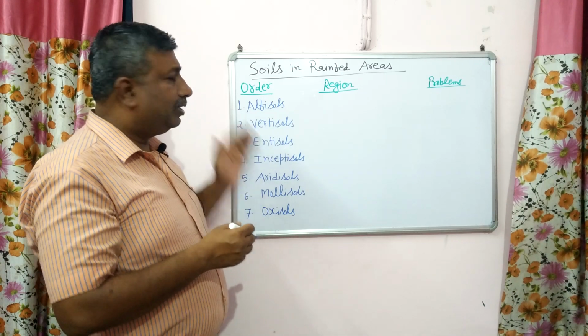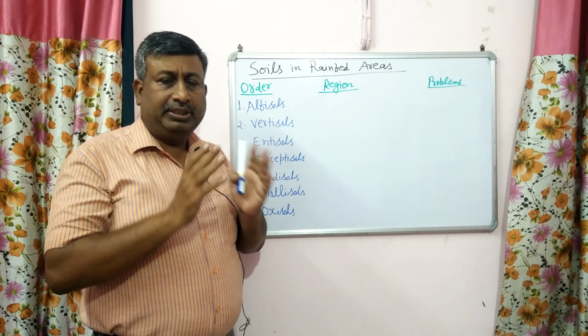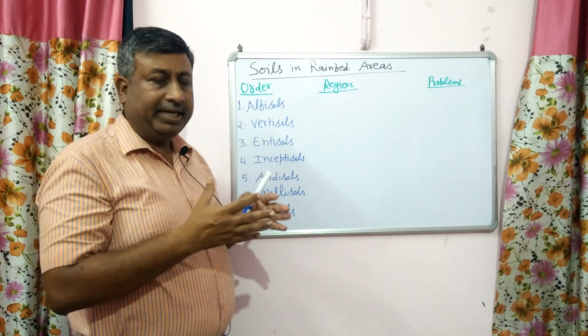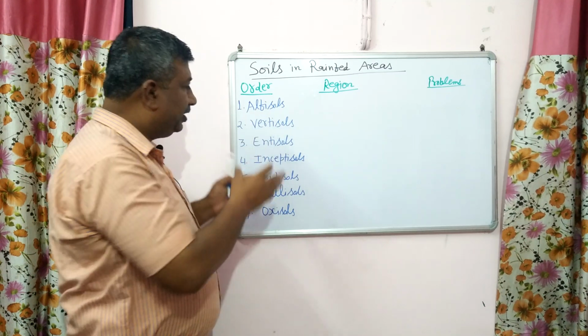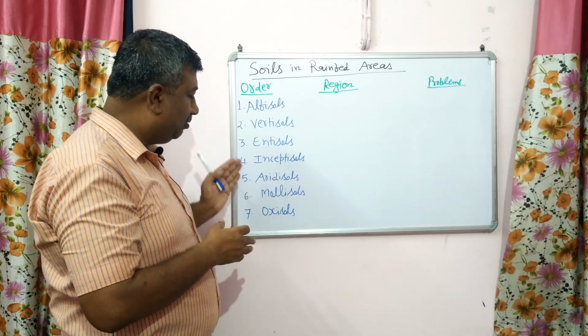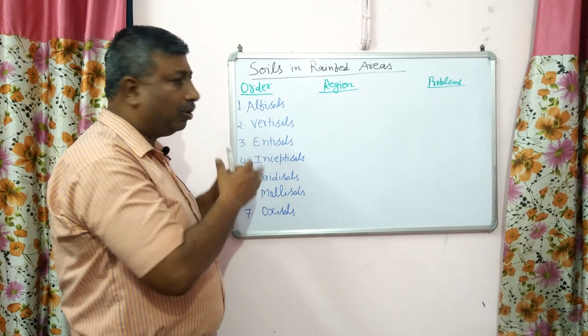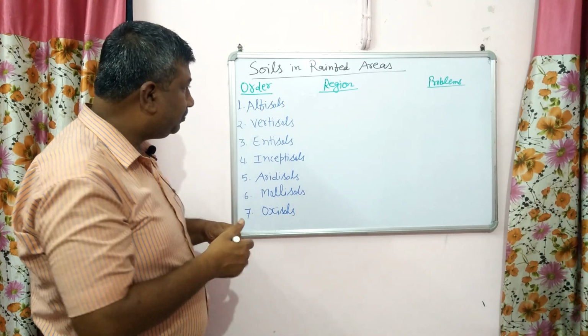According to order, there are 12 orders in general, but in rainfed areas these 7 are prominent: alfisol, vertisol, entisol, inceptisol, aridisol, mollisol and oxisol. These are the major ones, and alfisol and vertisol dominate.